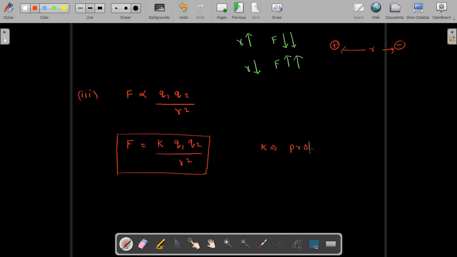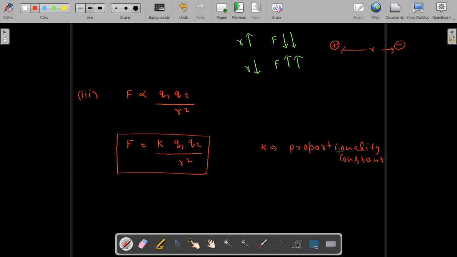Proportionality constant. That is called K. So what is the formula? The formula is F is equal to K Q1 Q2 by R square.